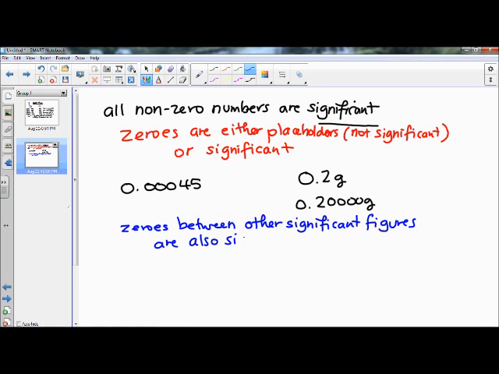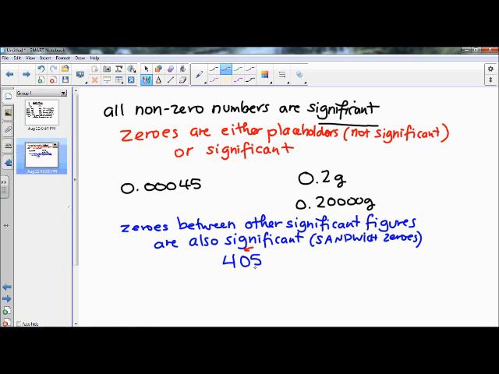are also significant. We call these the sandwich zeros. What do we mean by that? This is a sandwich zero. The 4 and the 5 are automatically considered significant.